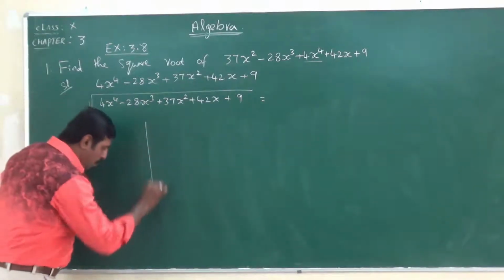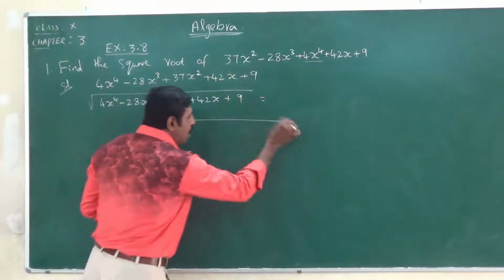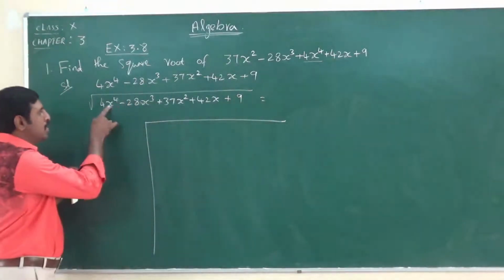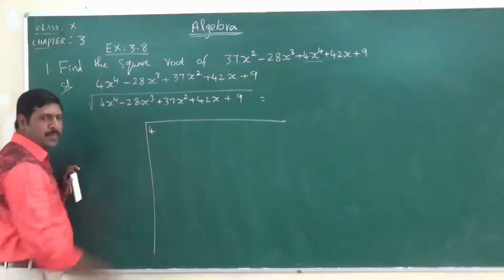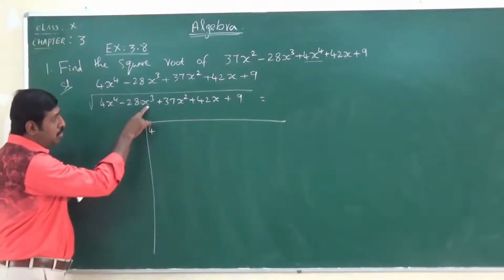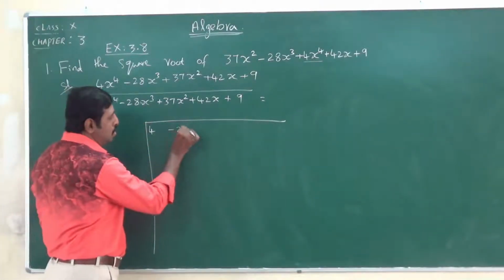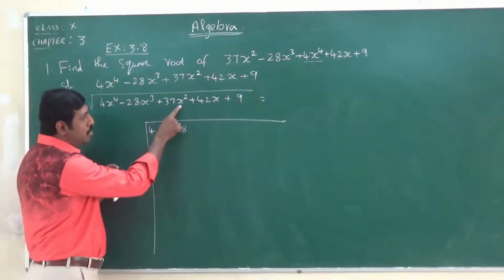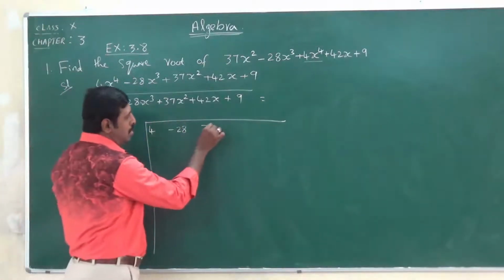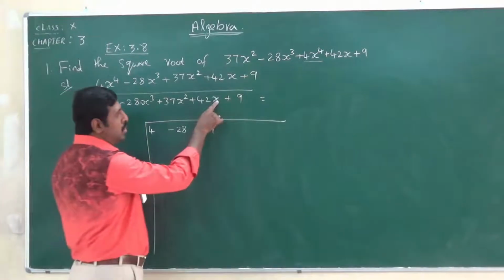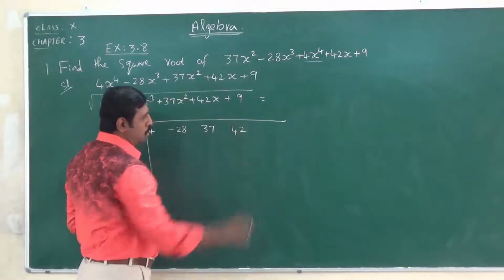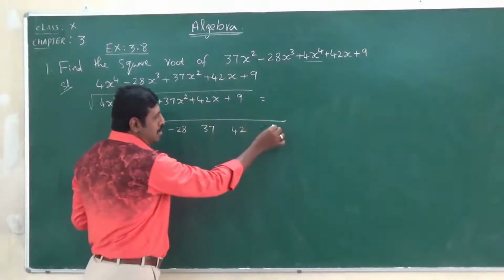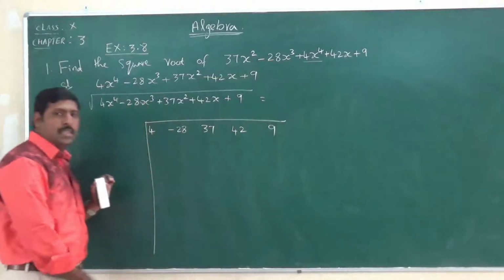First, the coefficient of x power 4 is 4, then the coefficient of x cube is minus 28, the coefficient of x square is 37, the coefficient of x is 42, and the constant term is 9.